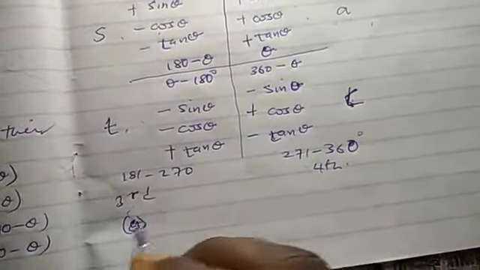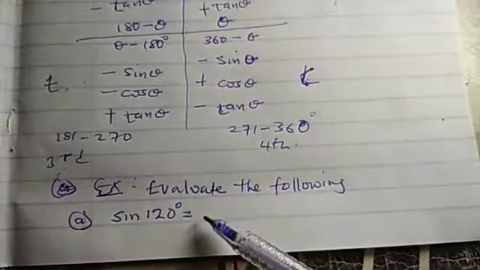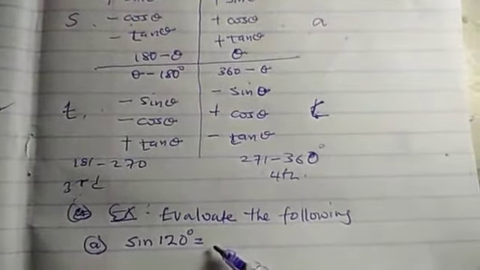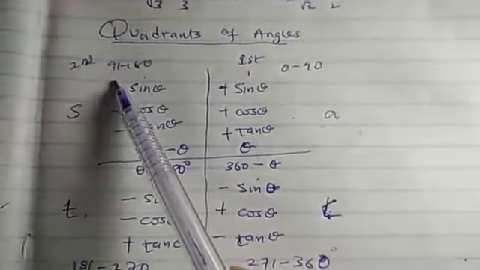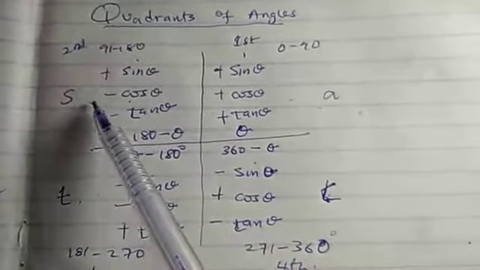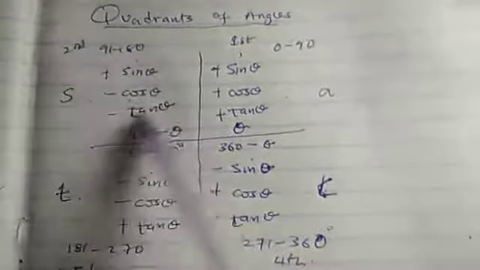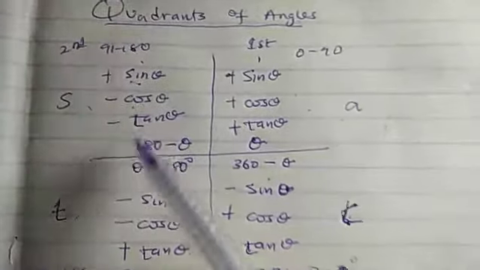Let's say, for example, we want to evaluate sine 120 degree. If you have sine 120 degree, in order to simplify using the quadrant, I'll first check where 120 degree falls. In this place, this is where it falls. It falls between 91 to 180. So in that case, it falls in the second quadrant. Also, we are given sine. You check whether sine is positive or negative there.